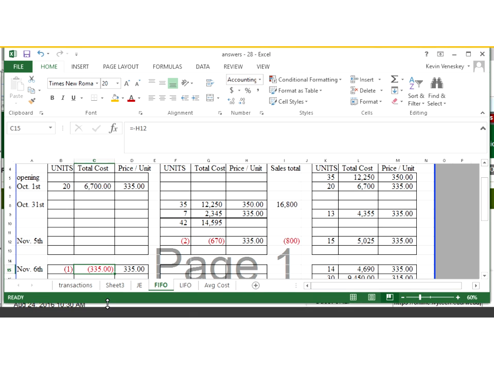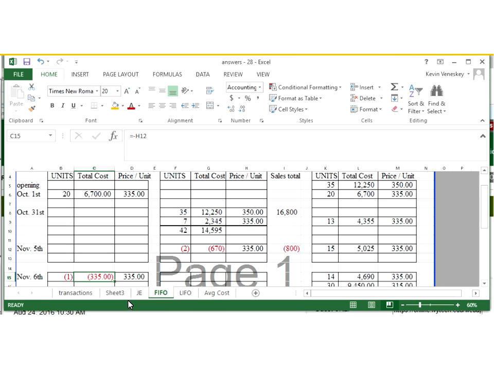This is just the opposite of me purchasing. So instead of me purchasing 20, it's really like I purchased 19 when it was all said and done. And $335 comes back off. So instead of having 15 items in my inventory, I really only have 14. 14 at $335 a piece. So I'm taking off $335 of inventory as my credit.